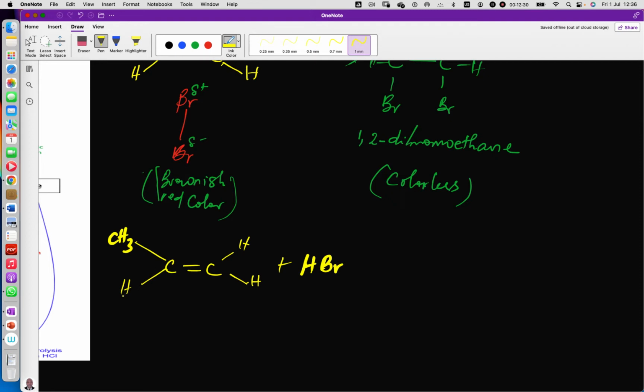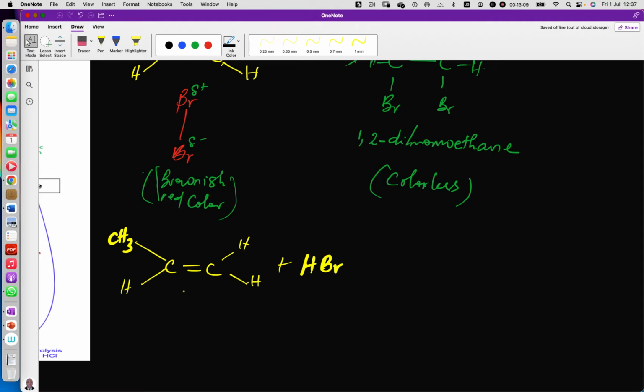We have only one hydrogen here, three here, two here. So the hydrogen will attach itself to the carbon atom that has the higher number of hydrogens, and the bromine will attach the other way.